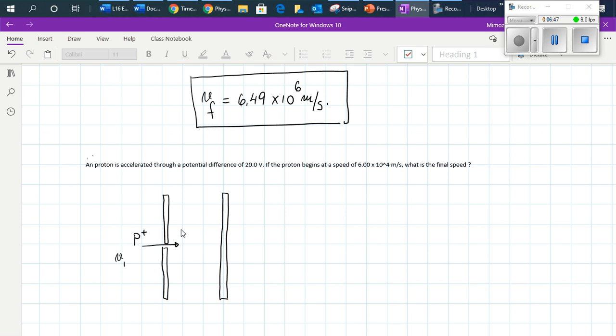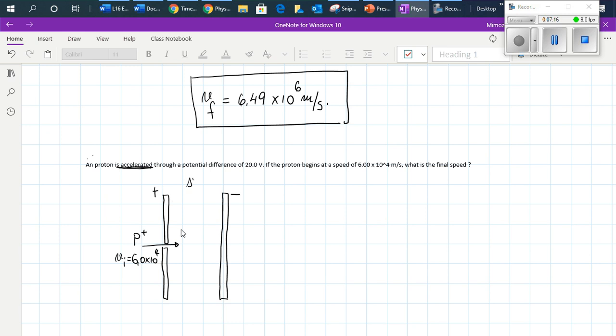The initial velocity of the proton is 6.0 times 10 to the power of 4 meters per second. Now, since the proton is accelerating, the natural flow of the proton, to not be opposed, is to head toward the negative plate, which makes this a positive plate.